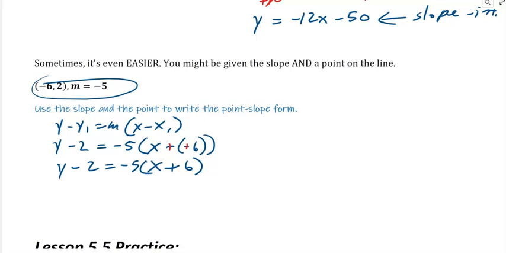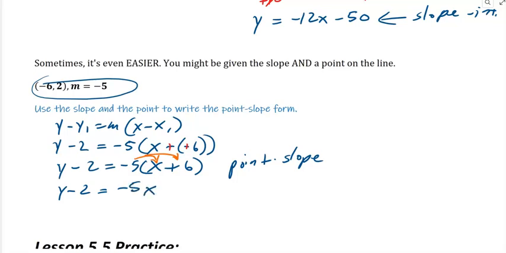All right. Now, of course, if we really wanted to, we could convert this from point-slope form into slope-intercept simply by multiplying the negative 5 into everything in there. We're distributing, so y minus 2 over here. Negative 5 times x is negative 5x.